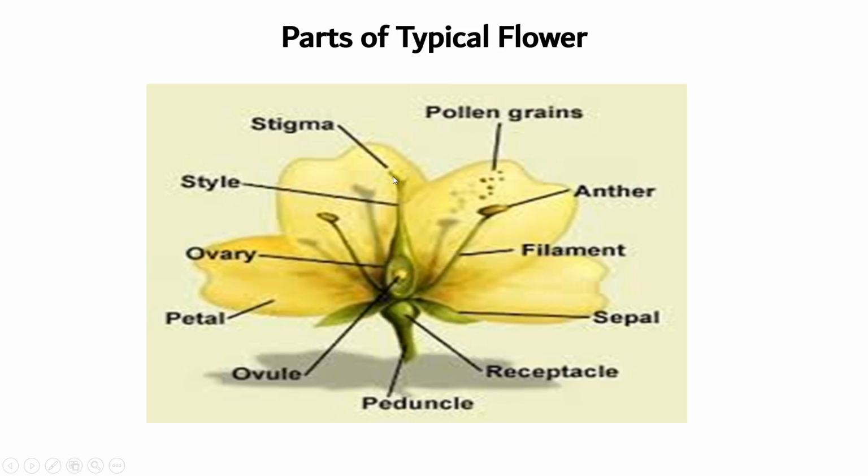And the innermost whorl of the flower is the female sex organ. This female sex organ is called gynoecium. It shows the topmost portion called stigma. Now this is the long elongated style, and the basal swollen ovary is there.